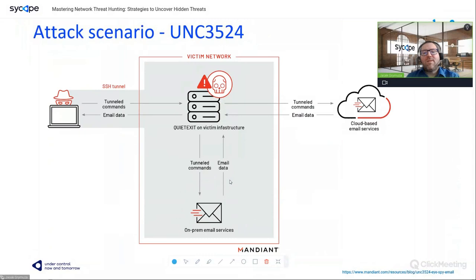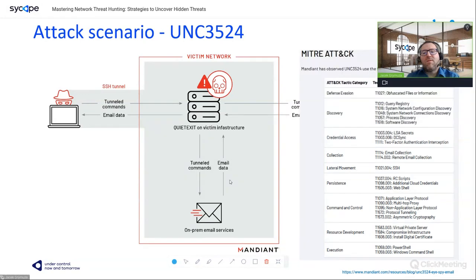Okay, so first let's look at the techniques used by one APT group. This group uses many techniques, but those that can be detected using NetFlow are marked in the screenshots.